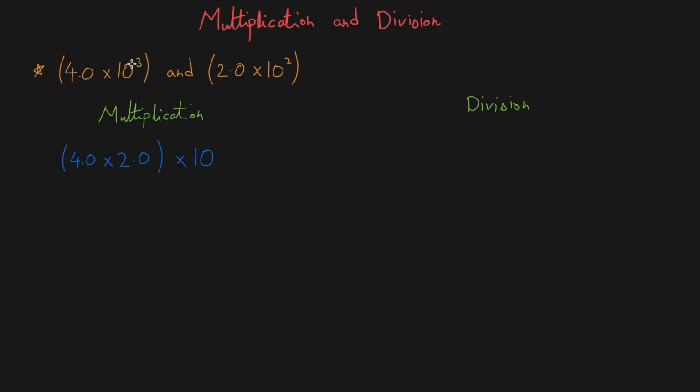Well, we take this exponent, which is 3, and this exponent, which is 2, and simply add them together. So we will have 3 plus 2. So what will be the answer? It will be 8.0 times 10 to the power 5.